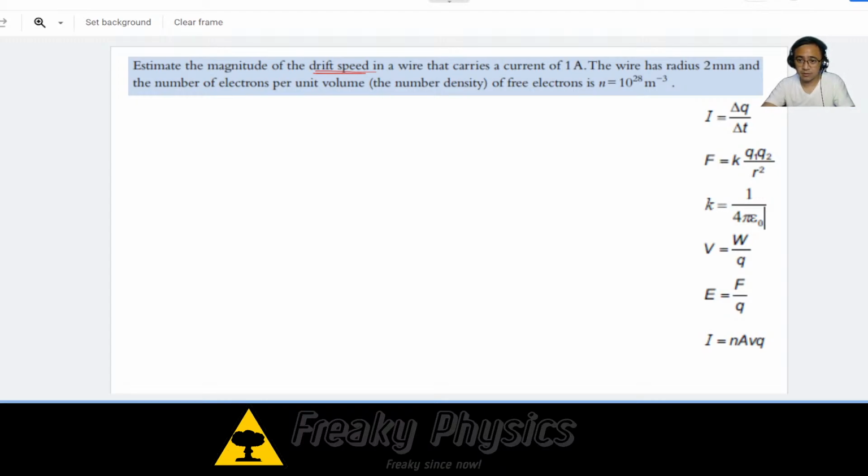Is A 2 millimeters? No, that's the radius. So you have to find the area first. How would you do that? Do you recall the formula for the area of a circle? No, 2 pi r or something. The area of a circle is equal to, no, not 2, just pi r squared.